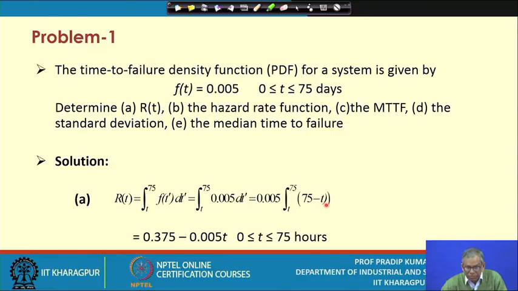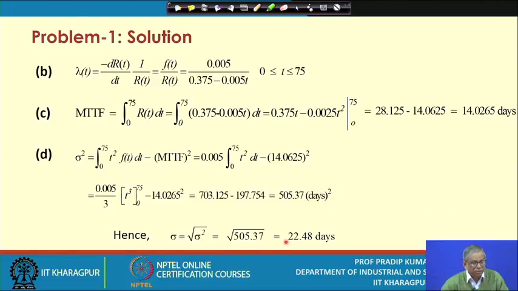So, 0.005 times (75 minus t), that is 0.375 minus 0.005t. So, this is the expression for R(t), when t varies between 0 and 75 days. So, this is the first one.